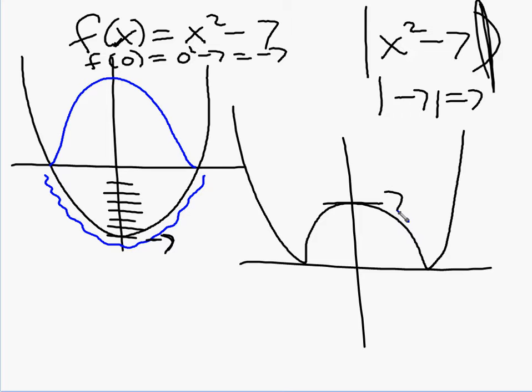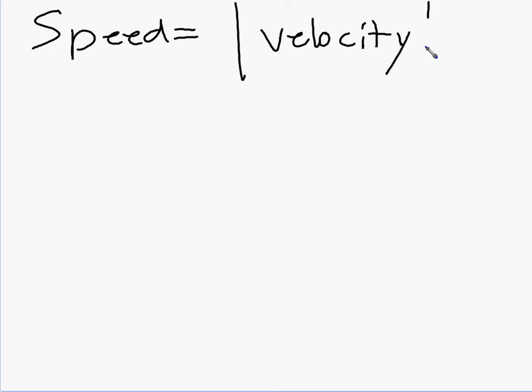Now, didn't it say the speed graph? Speed is the absolute value of velocity. Okay? Velocity has both a value and a direction. Speed is just a magnitude. Okay? Speed is the absolute value of velocity.